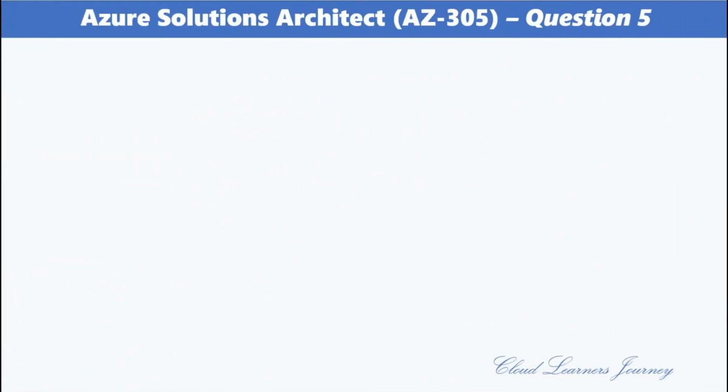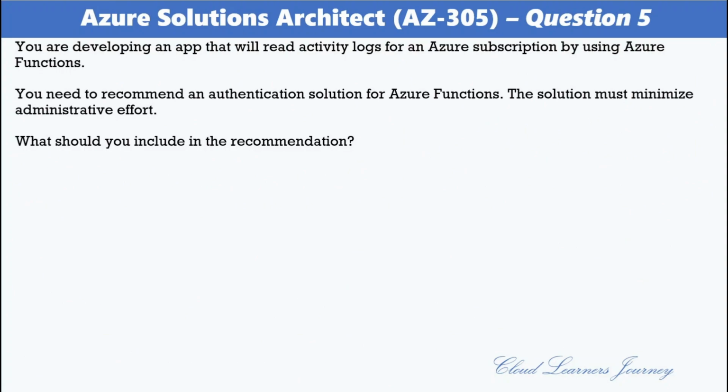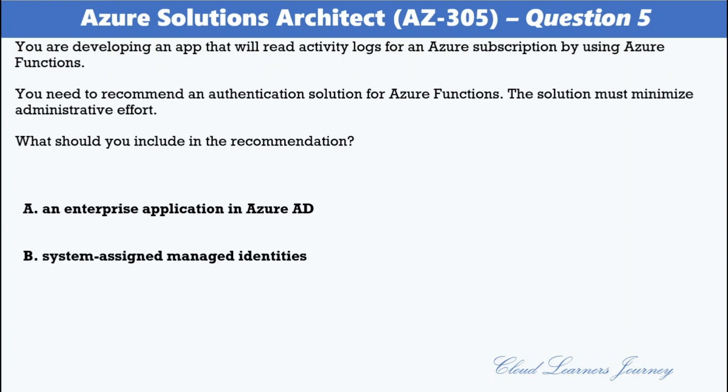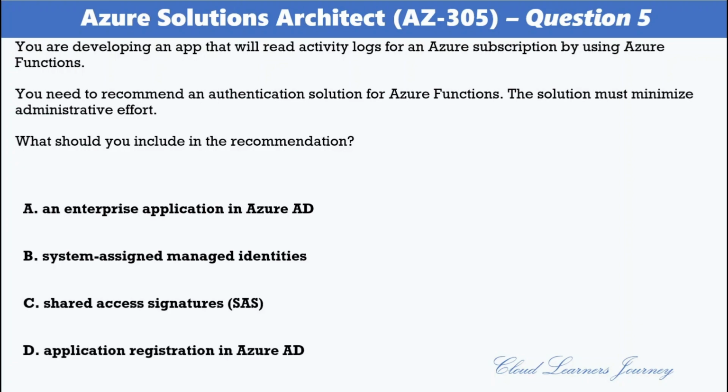Next, question number 5. You are developing an app that will read activity logs for an Azure subscription by using Azure Functions. You need to recommend an authentication solution for Azure Functions. The solution must minimize administrative effort. What should you include in the recommendation? And the options are A. An enterprise application in Azure AD, B. A system assigned managed identity, C. Shared access signatures, D. Application registration in Azure AD.